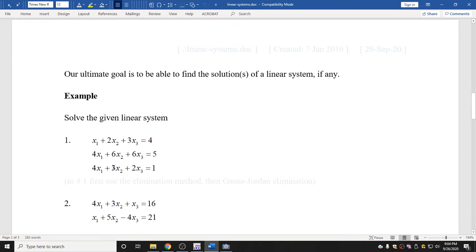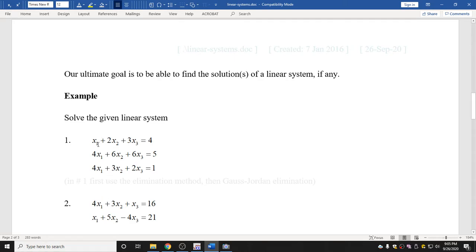Okay, so here is our goal, to be able to find solutions of a linear system, if any. Now, we do have the familiar elimination method. So what we know is that when we have a system of linear equations, we can solve it by using a certain mechanical method.